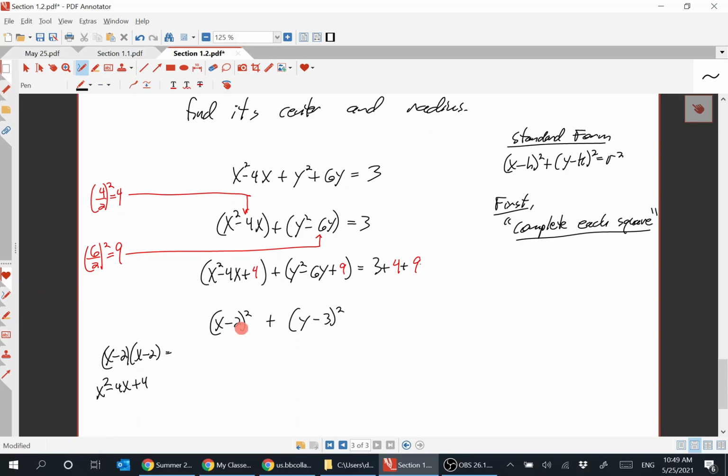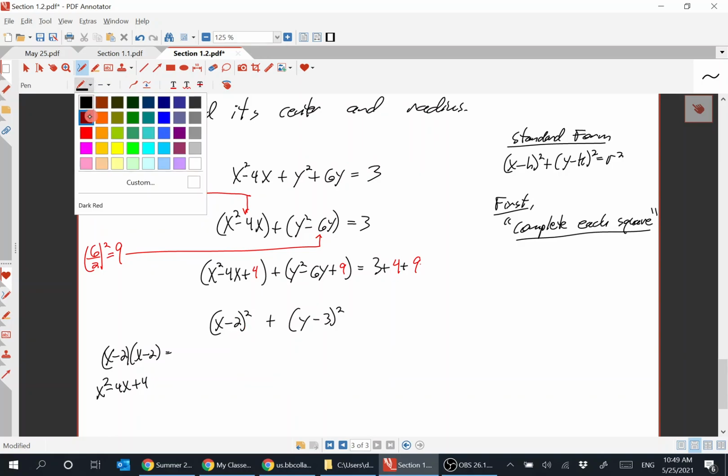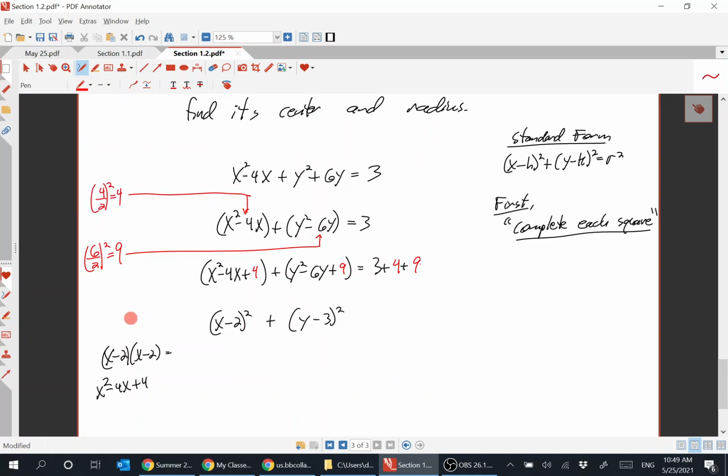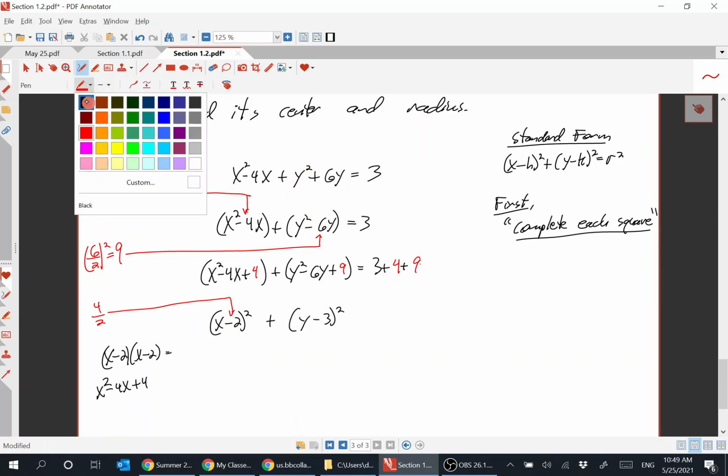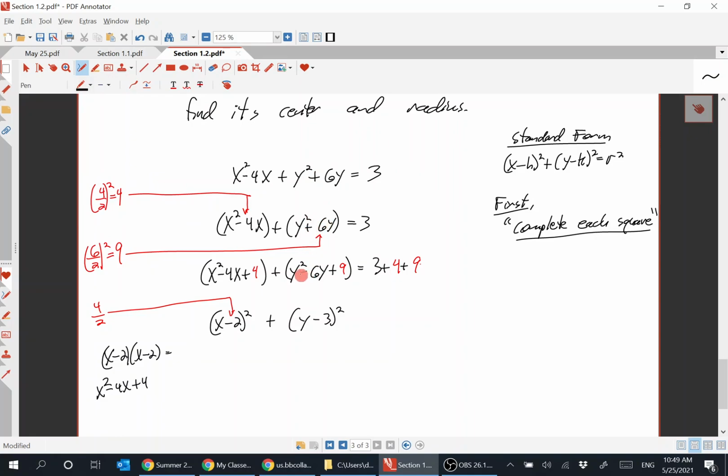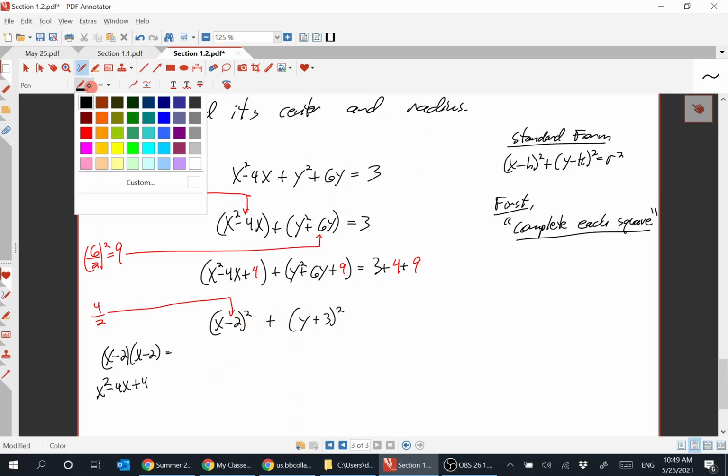Right, so the number here, let's do it in red. This is 4 over 2, and it's minus because that's a minus. Maybe I should make one of them. Oh, I did. I changed a minus to a plus, didn't I? That's bad. This is 4 over 2, and this right here is 6 over 2.